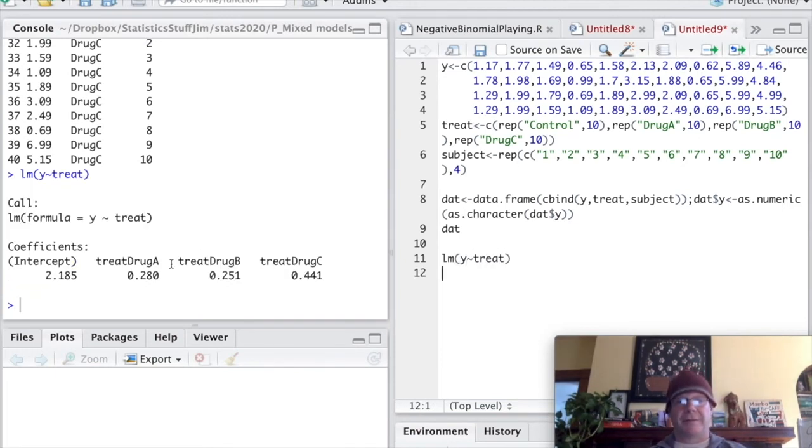So it might look something like that. We have our parameter estimates, and we have some estimate of the effect of drug treatment A and drug treatment B and drug treatment C, all versus the control. The control would be the intercept. So it looks like for all of these different drugs, there's an increase in the value of y compared to the control group. But if we were to do an ANOVA on that, let's go ahead and do that.